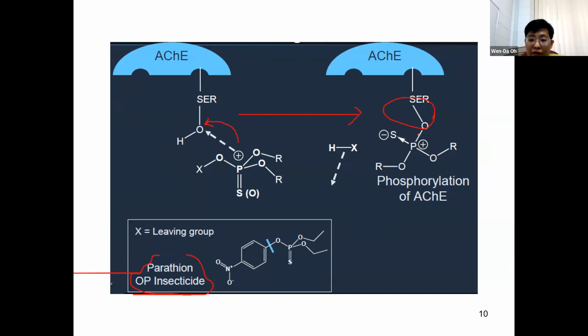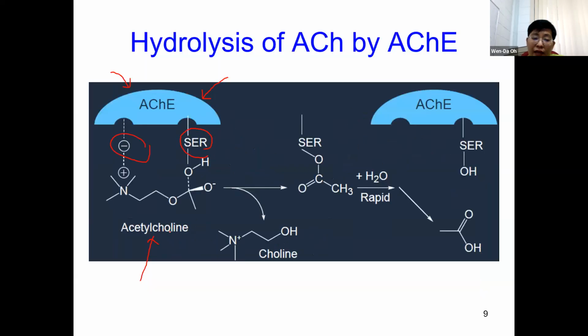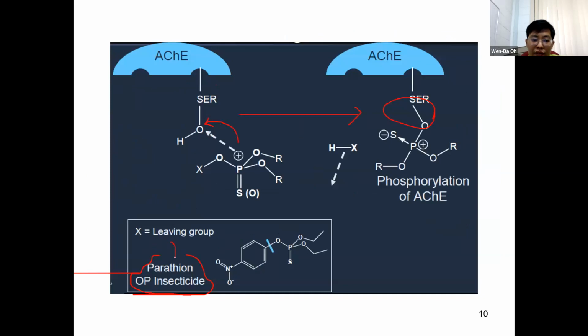So because of this effect, you will have accumulation of your acetylcholine, and then you will not be able to hydrolyze this, and it will cause toxic effect to your neurons, right? So this is one of the reasons why this kind of insecticide is very successful, because it inhibits certain functional groups in your enzyme, okay, causing a paralysis effect.